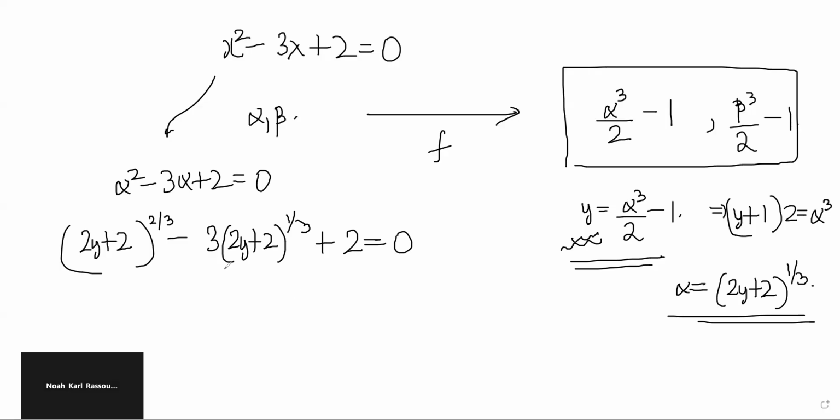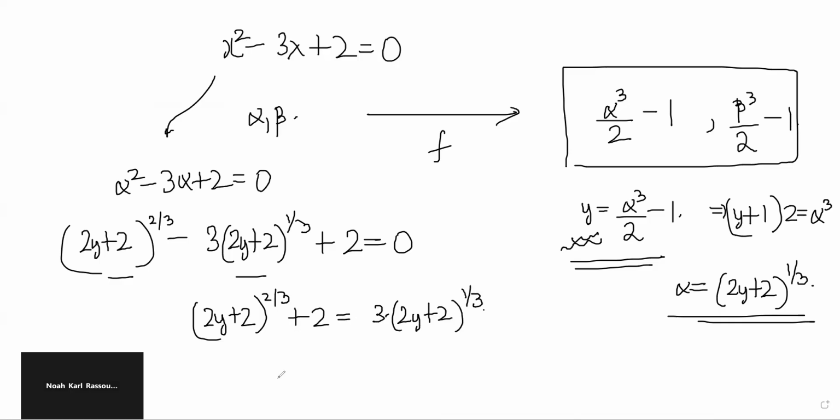Now, what you can do is notice that this stuff is there everywhere. So ideally, I want to remove the powers here. So what I will do is (2y plus 2) to the power 2 by 3 plus 2 is equal to 3 times (2y plus 2) to the power 1 by 3, right? And raise everything to the power 3.